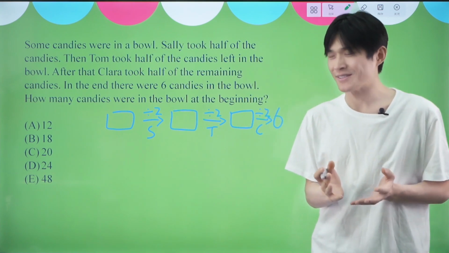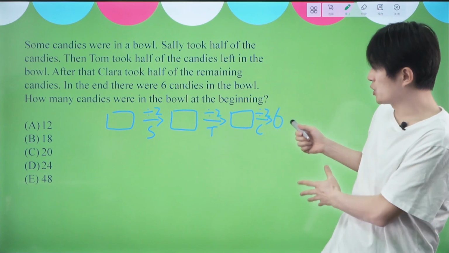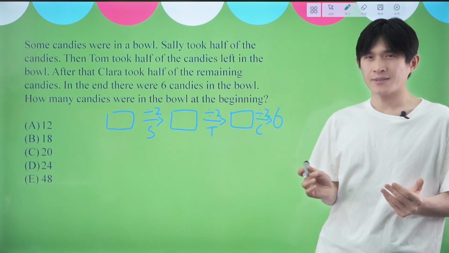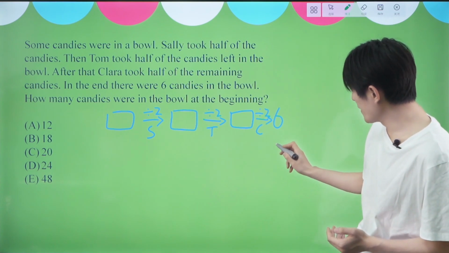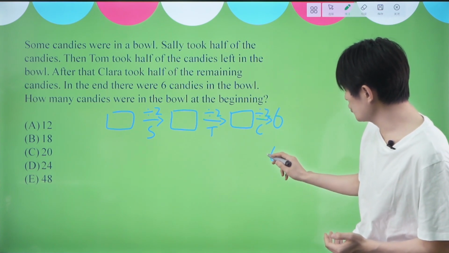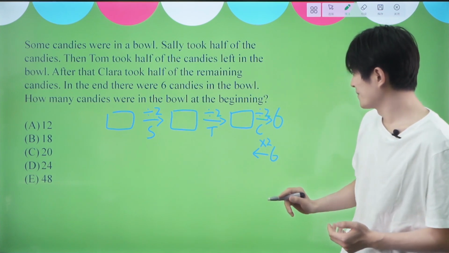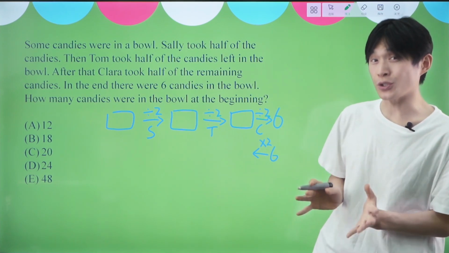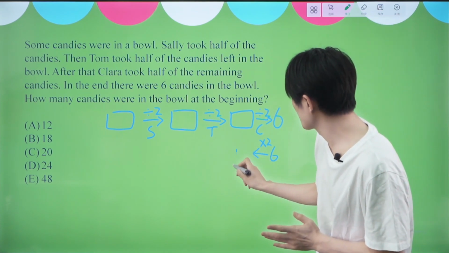How do we do this? So an unknown number divided by 2 is 6. So what is this unknown number? So that will be 6 times 2. Here we go. And 6 times 2, that will be 12.